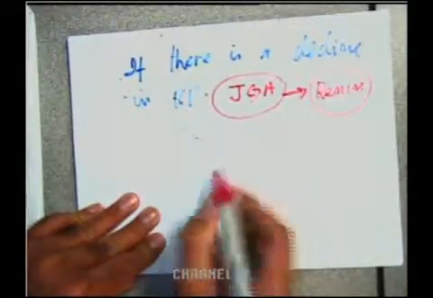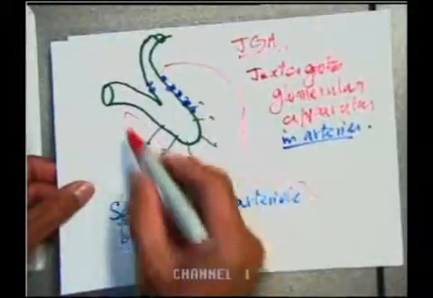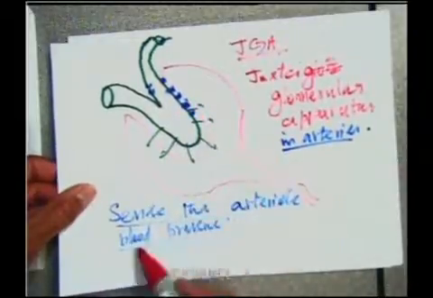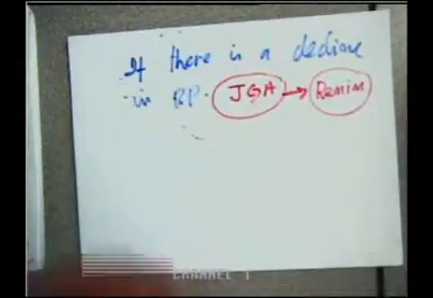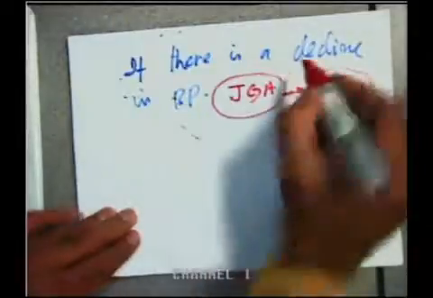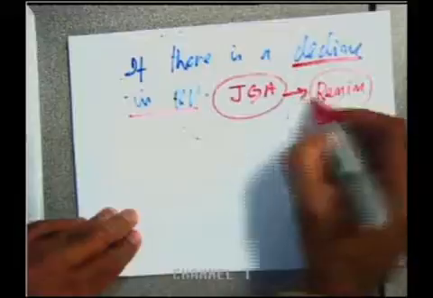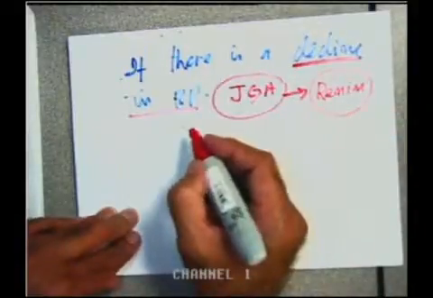Which one? JGA. Where is the JGA? It is present in the glomerulus, near the arteries, and it can sense the blood pressure of the arterioles. So as soon as it senses a decline in blood pressure, the JGA secretes renin.